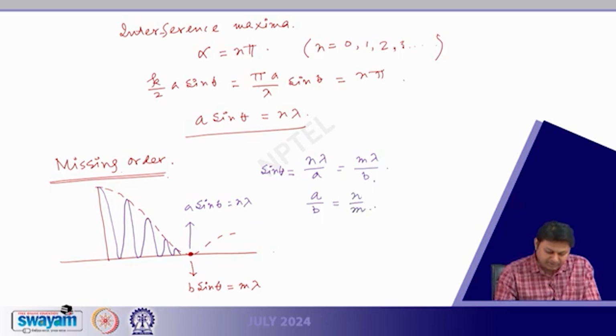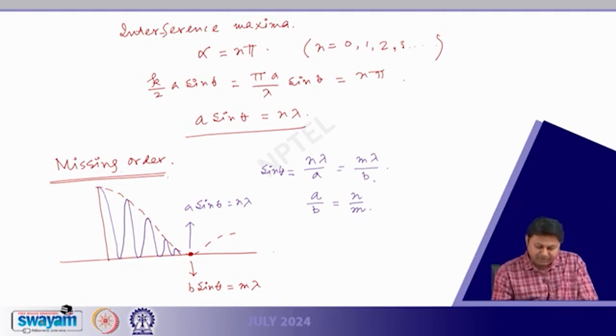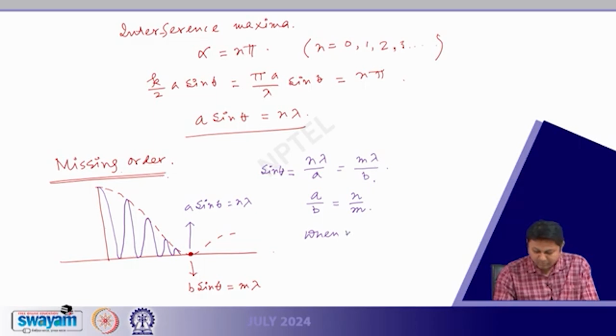So, that means, for example, when we have A equal to 2B, suppose we have 2 slits such that this A equal to 2B condition is fulfilled, then n is equal to 2m.